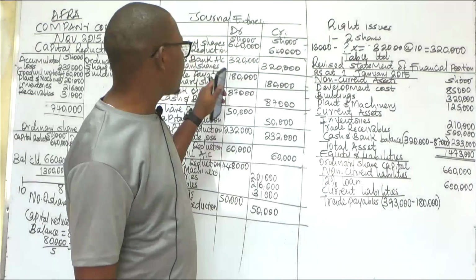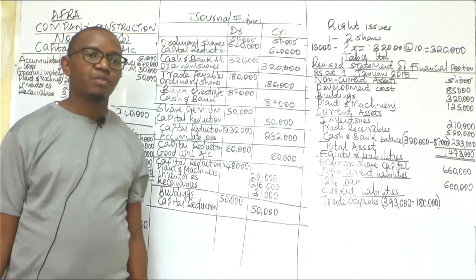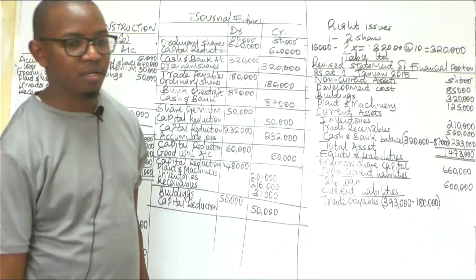180 hii yenye tuko hapa imeconvertiwa on additional information number 3. What they converted into ordinary shares.